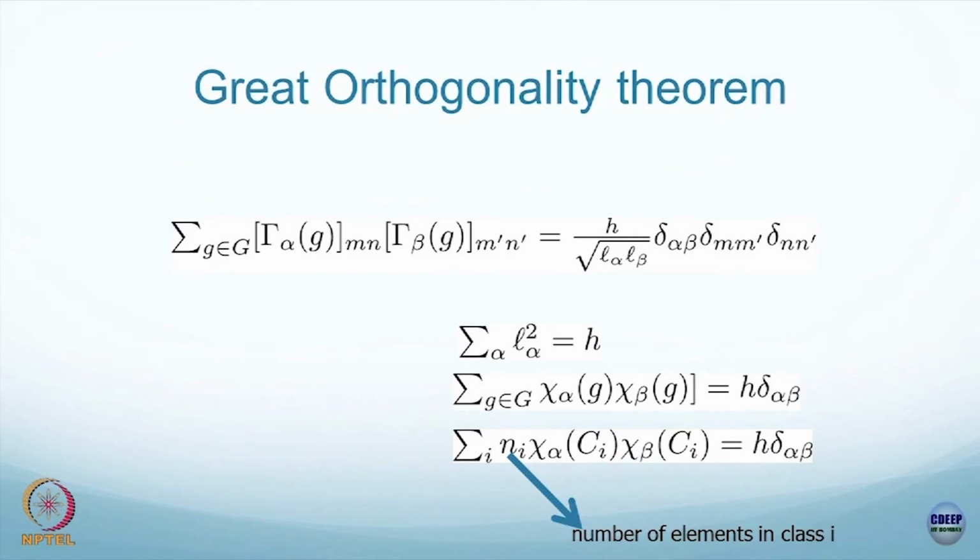And from this you can start playing around taking the trace. So, we defined character chi alpha of G as trace of gamma alpha of G, right. This is the notation we have.